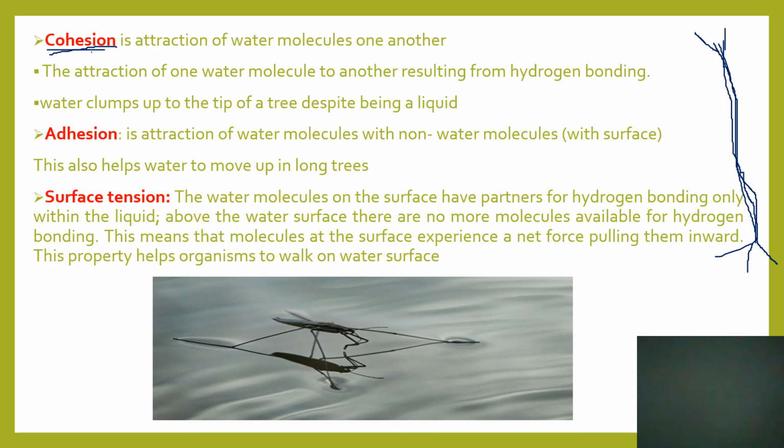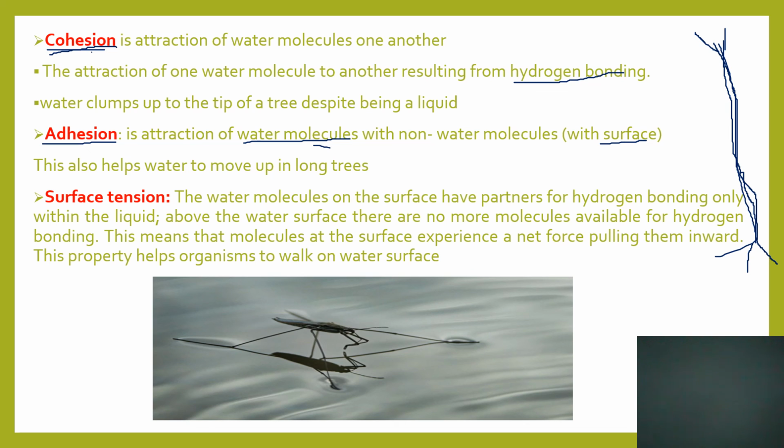So this property of water is also related to hydrogen bonds. The other property of water is adhesion, which is the attraction of water molecules to a non-water molecule or to a surface.